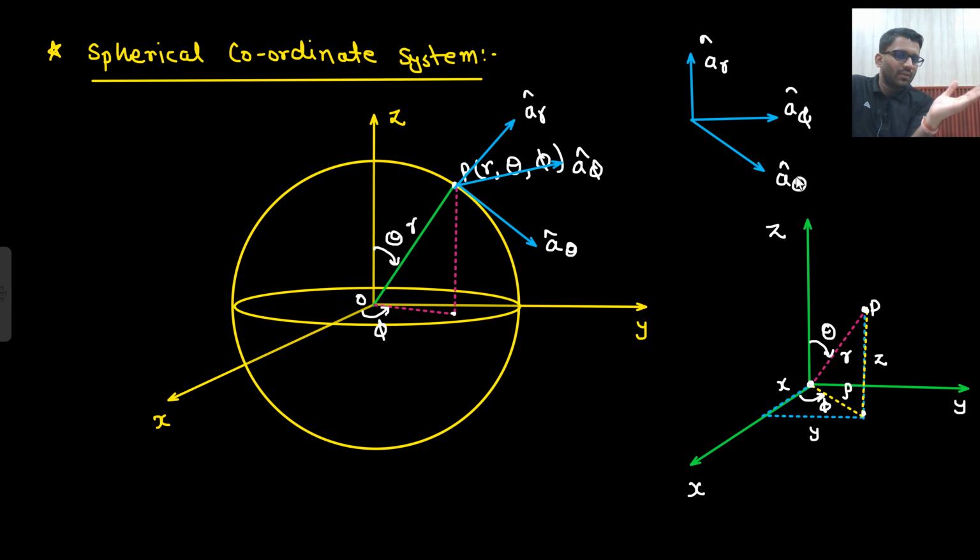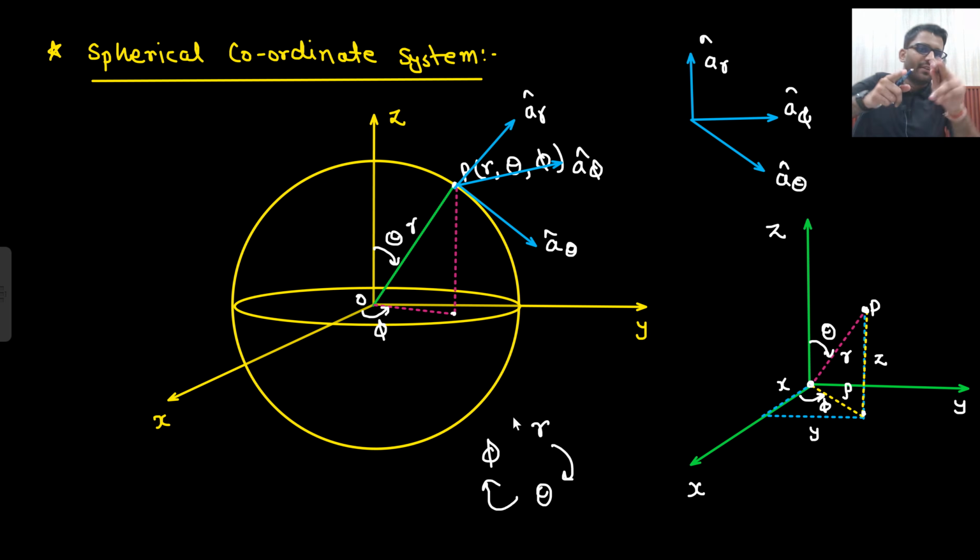What do you see? Phi cross r is giving me theta. Or I can say, r cross theta is giving me phi, right? R cross theta is giving me phi, and phi cross r is giving me theta.